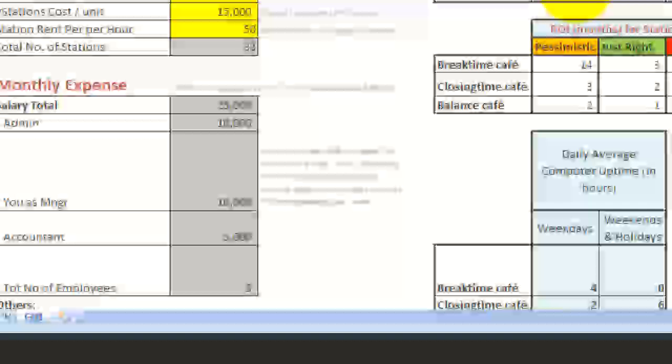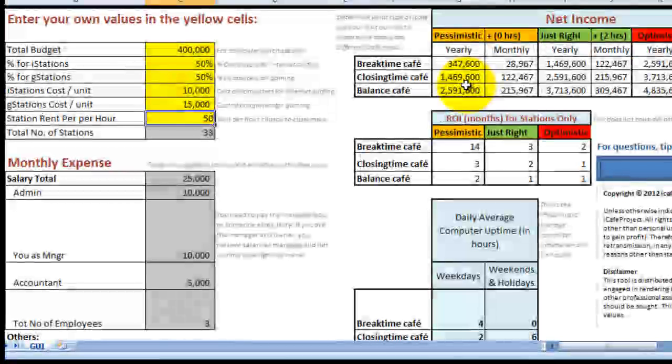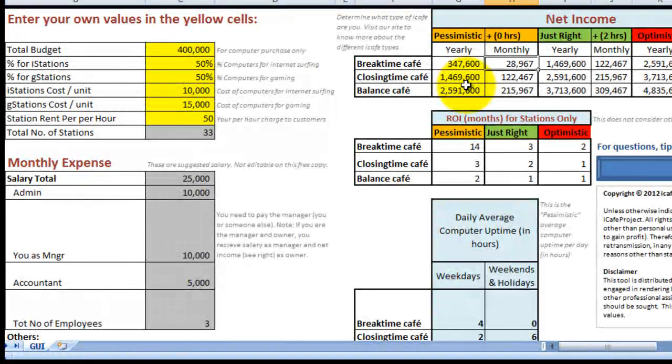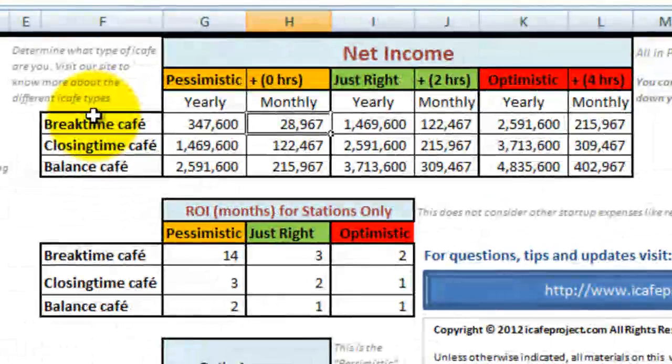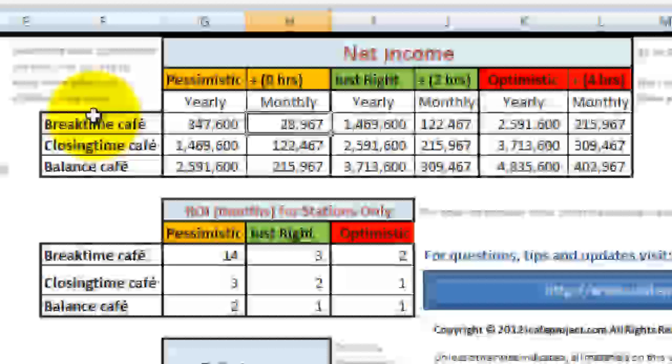Once you set this up, it will automatically provide you the monthly income that you'll be expecting for your business. Okay. There are 3 types of internet cafe business. One is break time, one is closing time, and third is balance cafe.